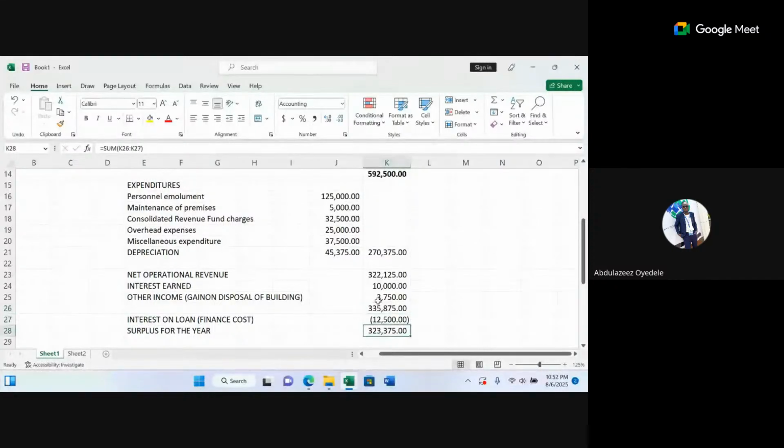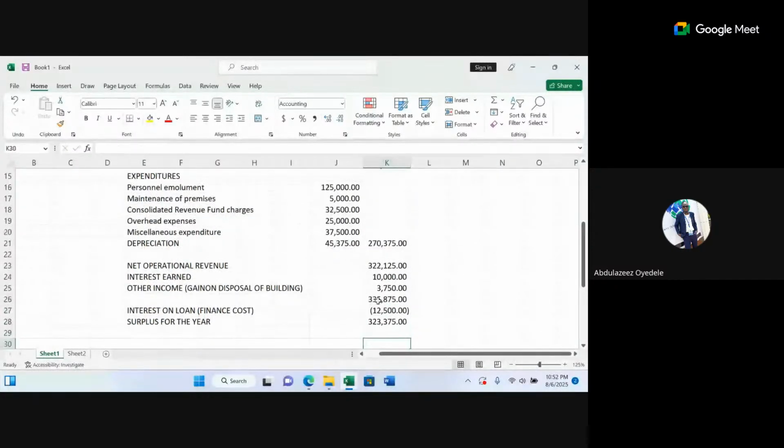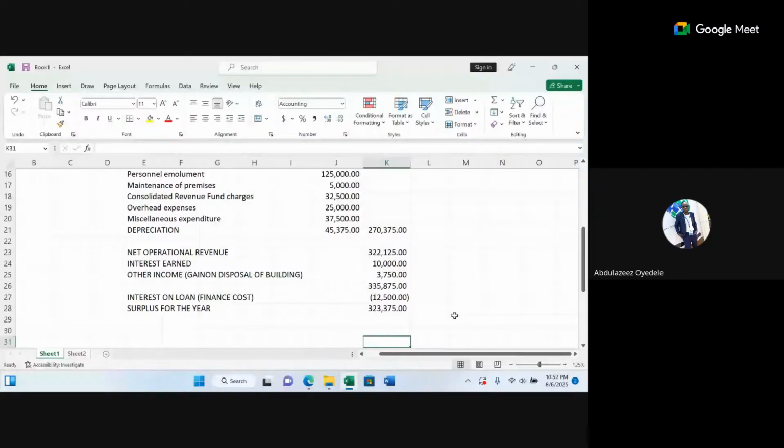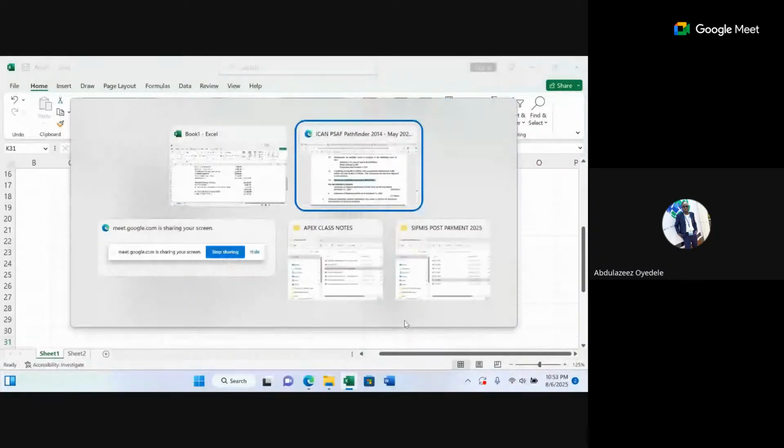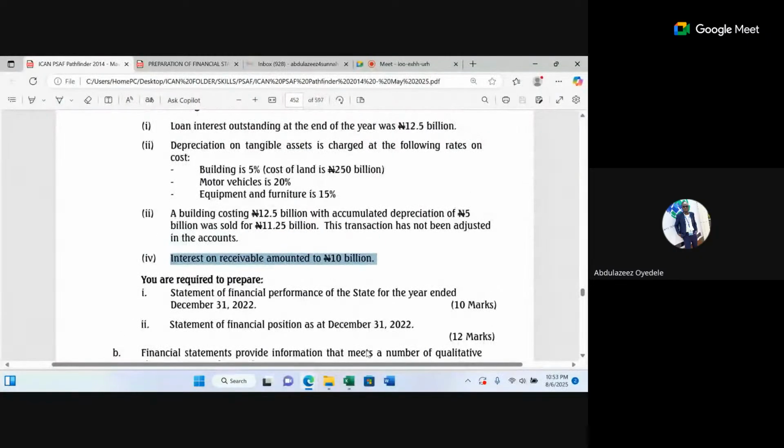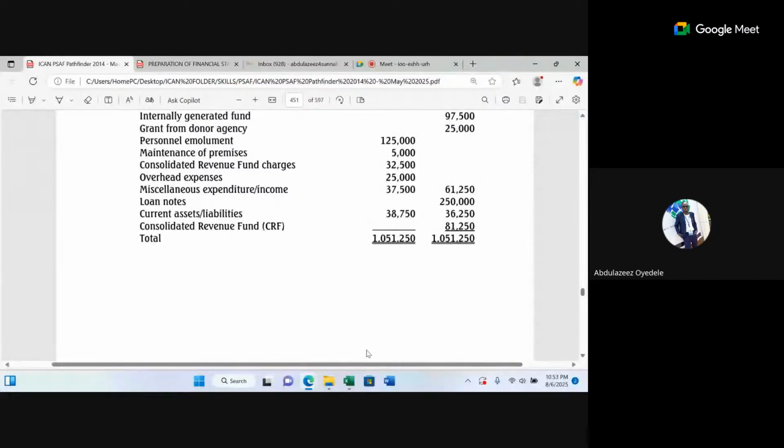Okay, good. So now we can bring our CRF balance that we have in the trial balance in order for us to get the total CRF balance that we'll carry as our equity value in our statement of financial position. And this here is 81,250.